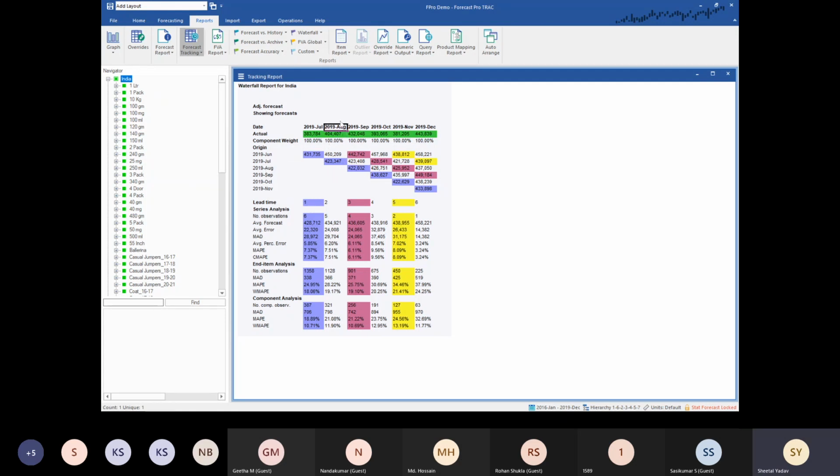So till August actual sales data, I'm forecasting for the next few months. And because I have actual data till August and I'm forecasting for September, I am going to look at this forecast for September as my lead time 1. So for lead time 1, in this fashion, I have 6 observations.